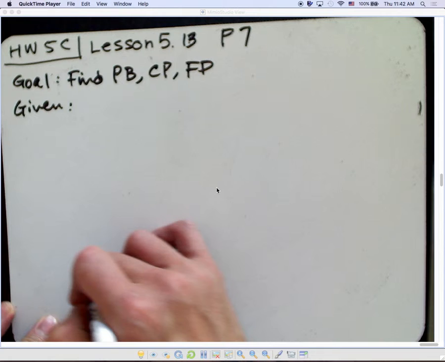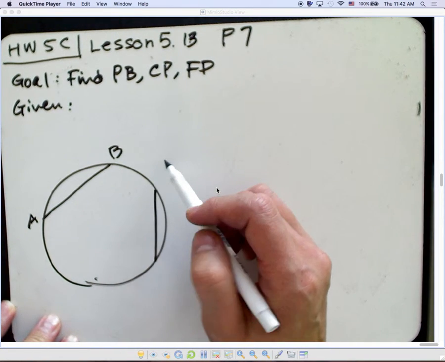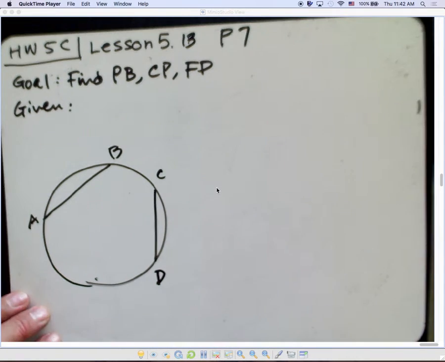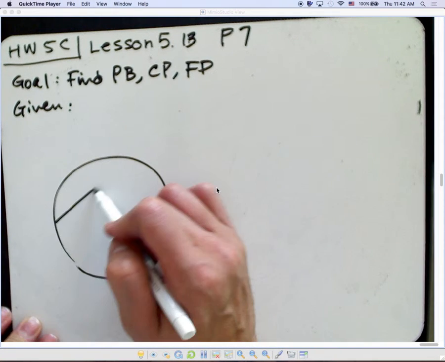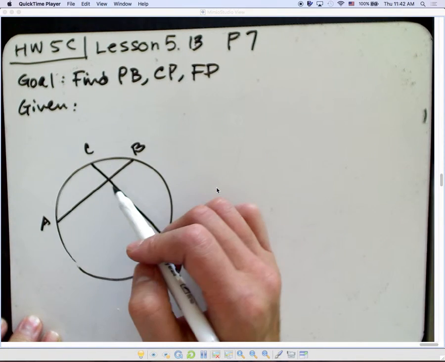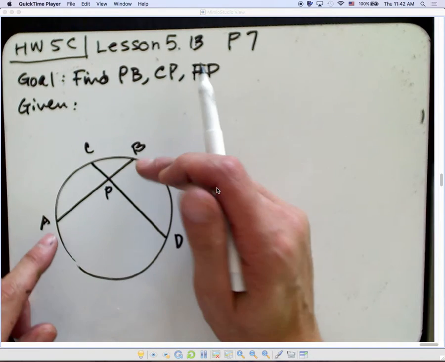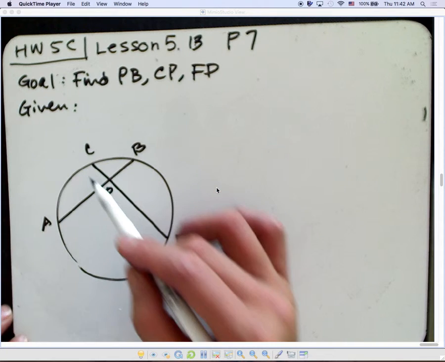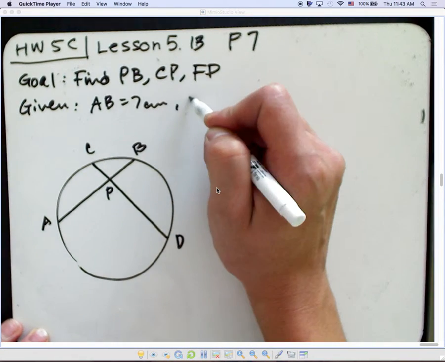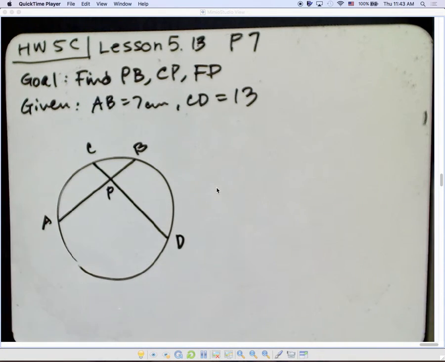So let's draw the givens. We have a circle, segment AB, and segment CD through a point P inside the circle, so that means they intersect like this, and the point is P. They measured 7 centimeters, so AB equals 7 centimeters, CD equals 13 centimeters, and AP is 3, from here to here.